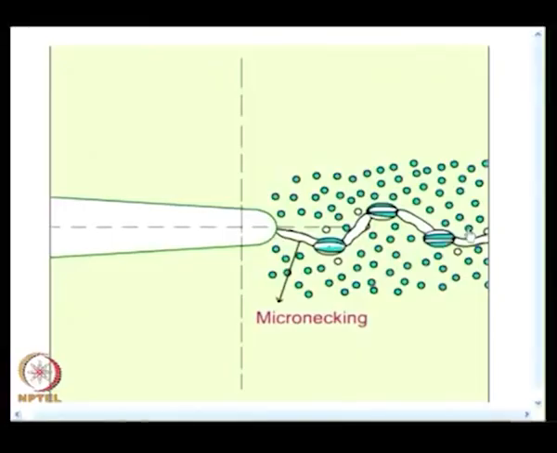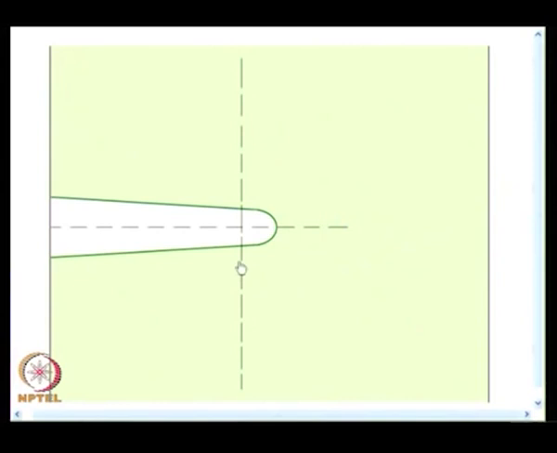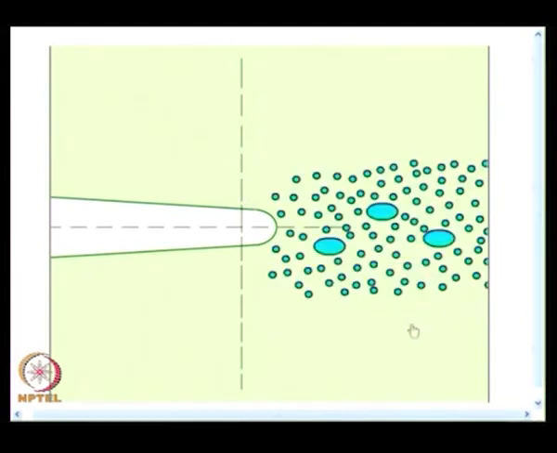We will again look at the animation. This will give you some clarity in appreciating the processes involved. So, the large particles break, followed by intermediate particles getting removed and forming holes, which is followed by micro necking.